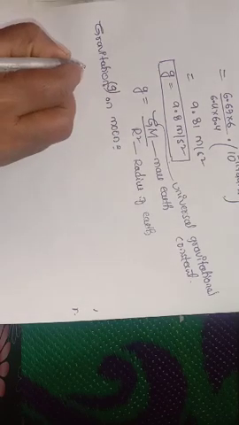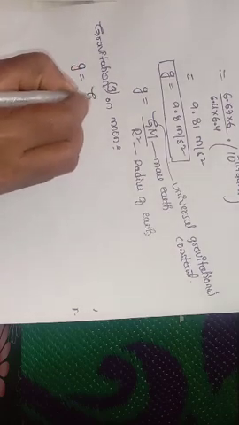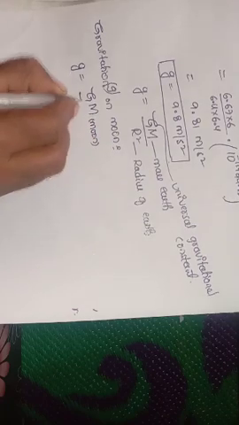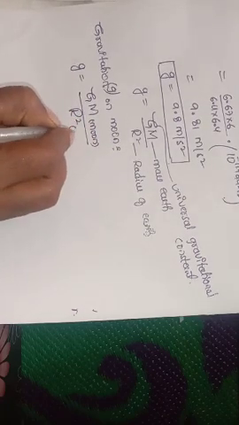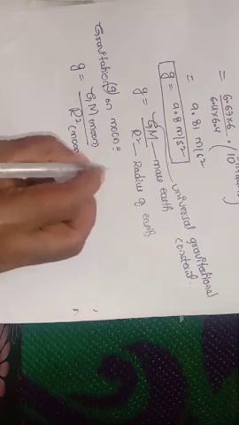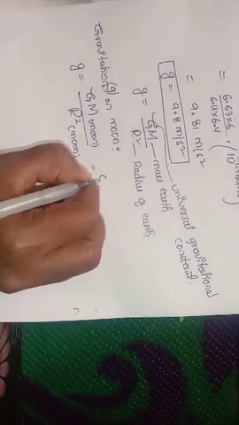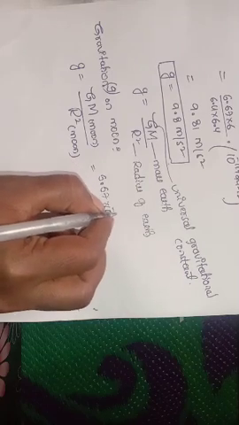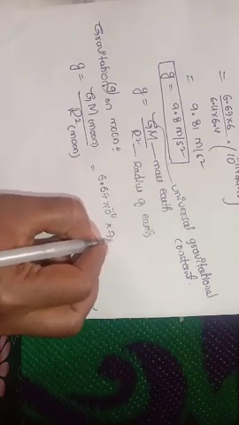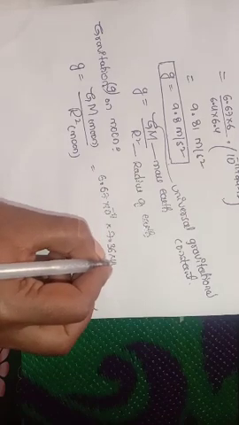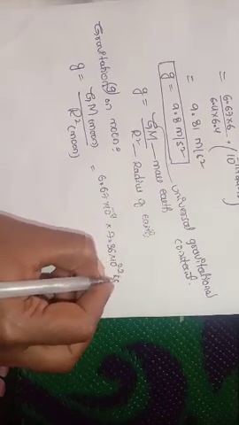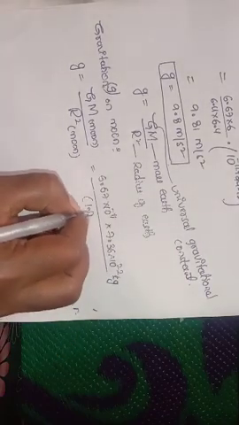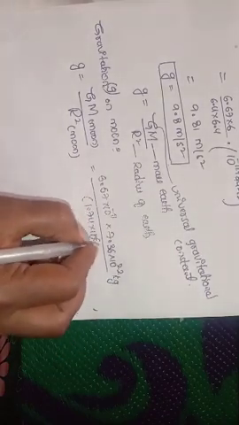Okay, now finding g on the moon: G into mass of the moon by radius of the moon square. So 6.67 into 10 to the power of minus 11 into 7.36 into 10 to the power of 22 kg, by 1.74 into 10 to the power of 6 whole square.